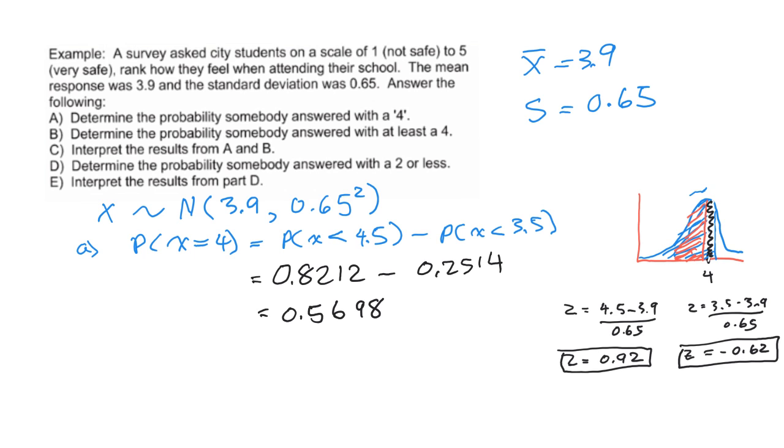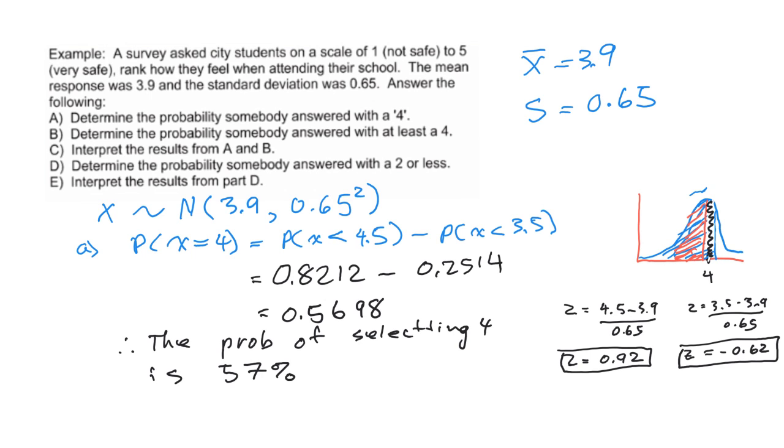Okay, so then you'd say, therefore, the probability of selecting a 4 is 57%. And we're done.